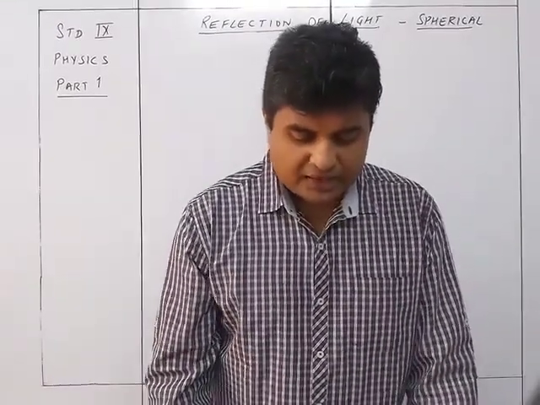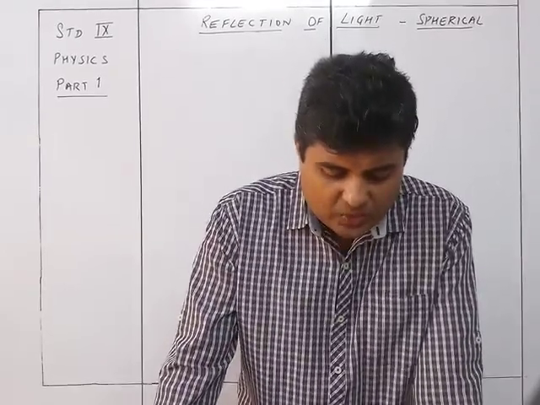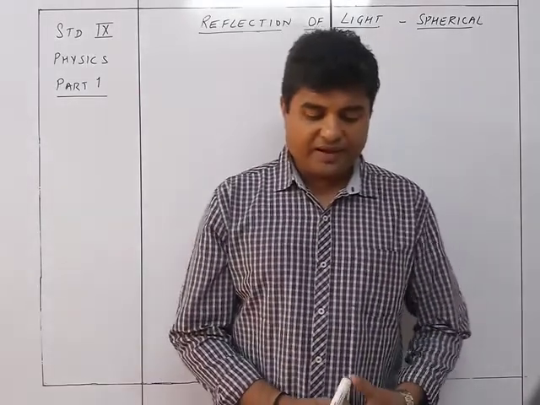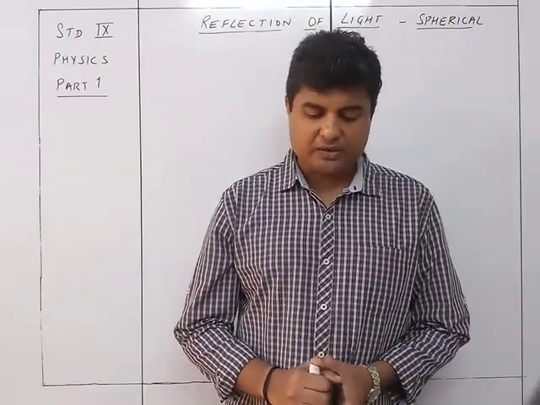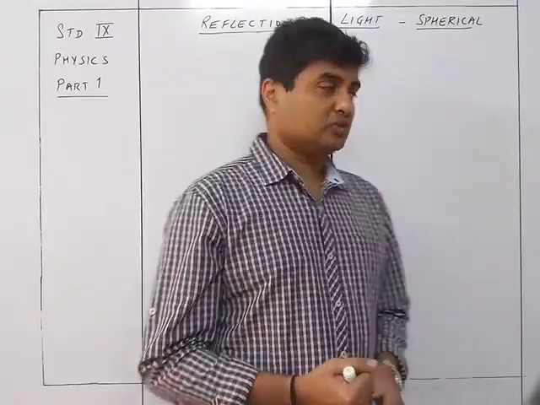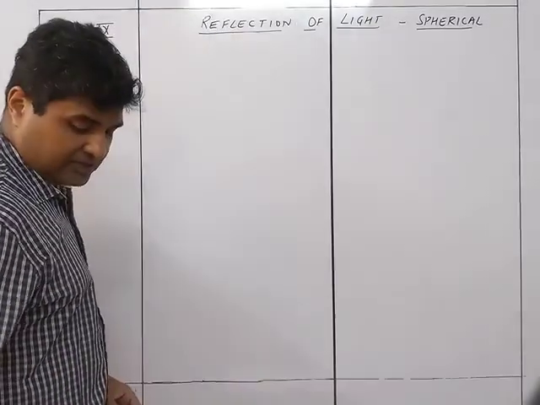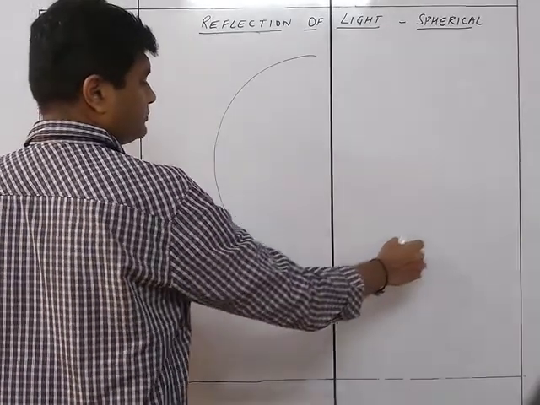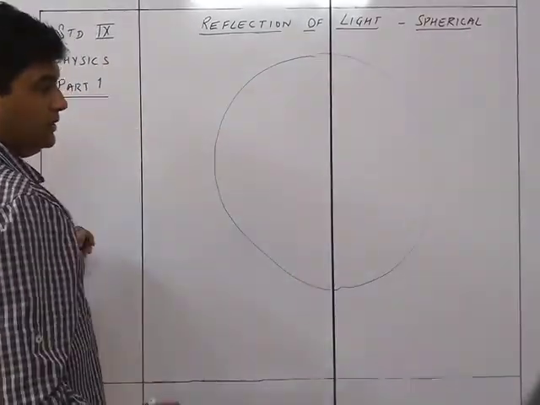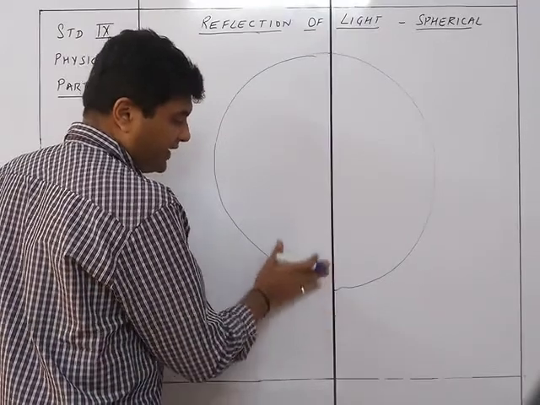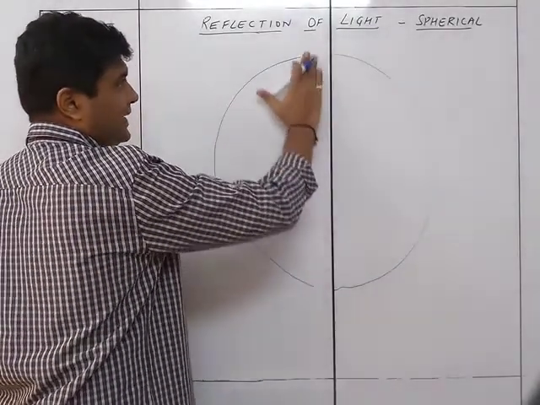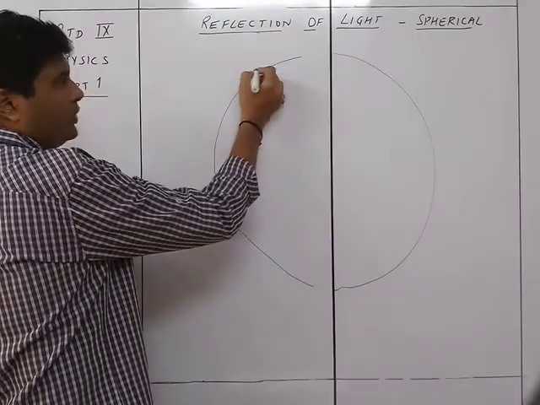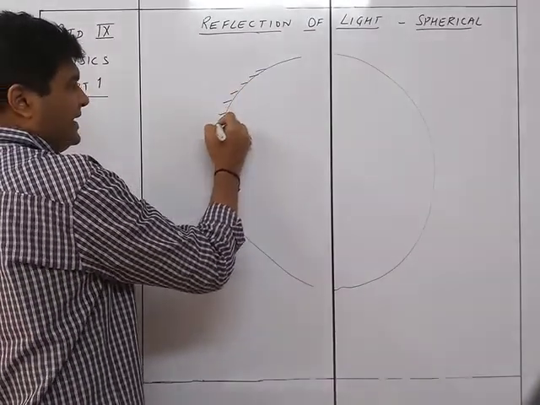So a spherical mirror is made by silvering a part of a hollow glass sphere. Thus, a reflecting surface which is part of a sphere is called a spherical mirror. So if I consider that this is a sphere, and I cut it like this, then on one side I am going to coat it from outside.